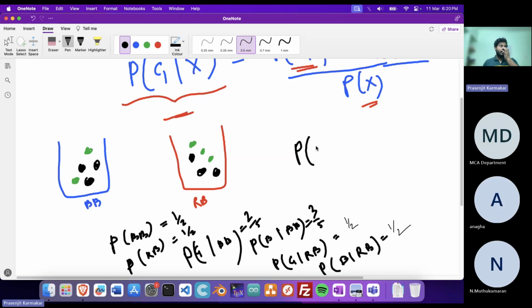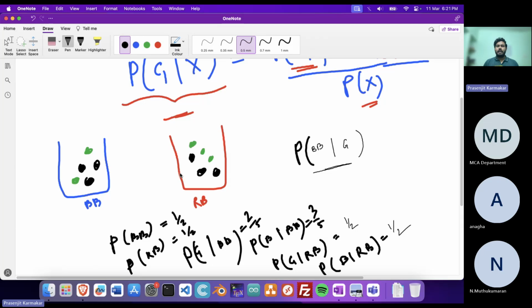It's written like this: given I have picked up a green ball, what is my probability of picking the blue basket? Got it? This one I cannot directly look at and tell.